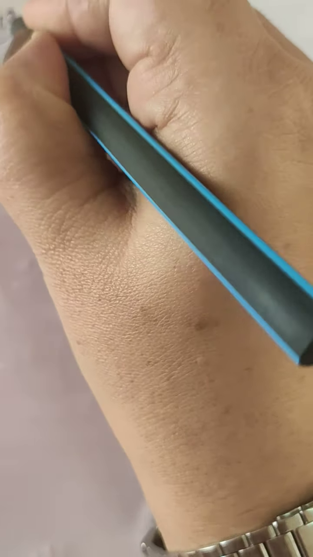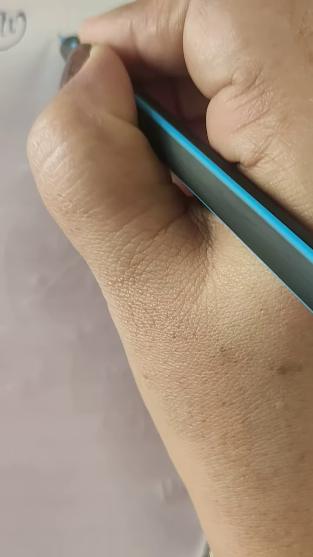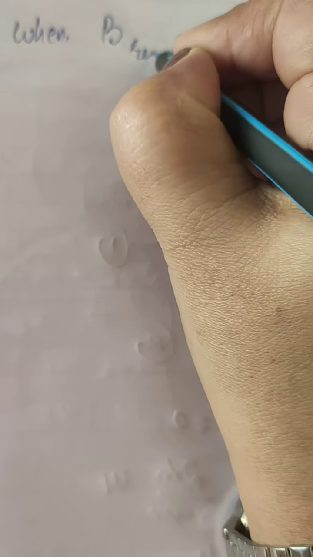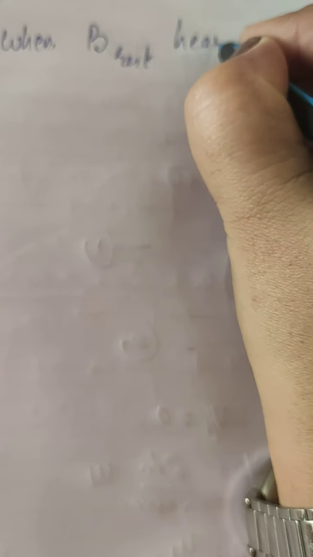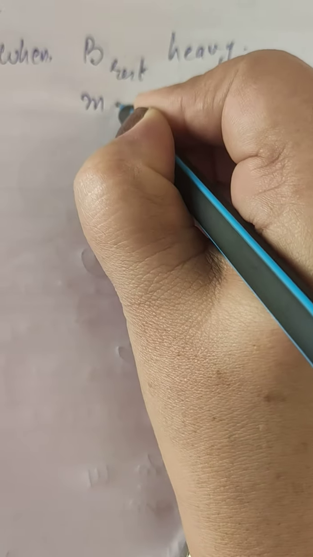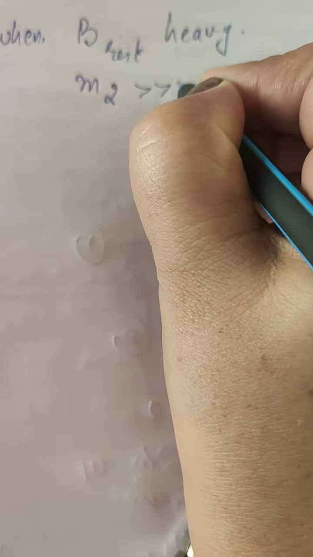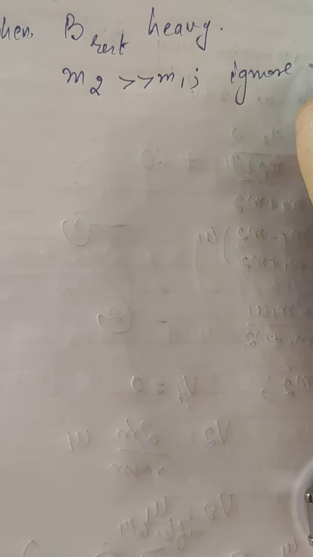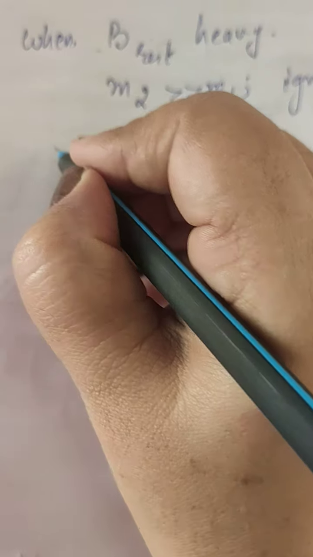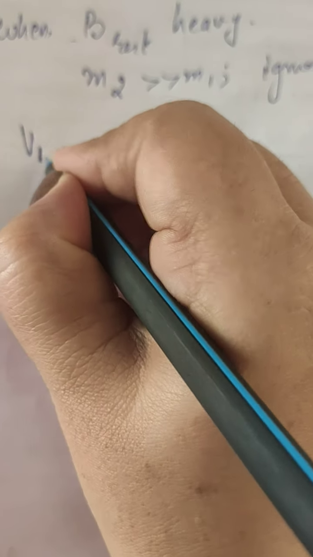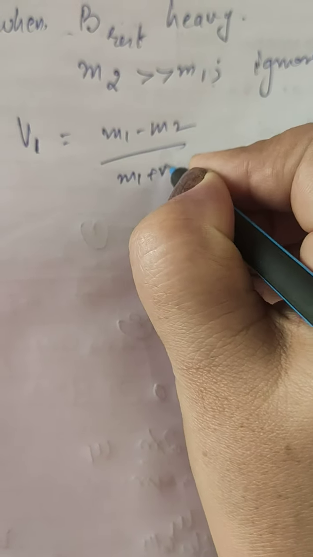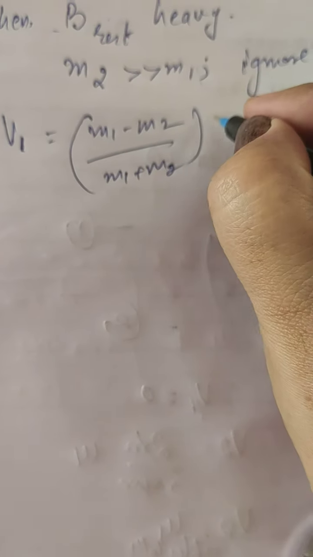The second case is when body B at rest is very heavy. In that case, m2 is very much greater than m1, so we can ignore m1. What was our expression for this case? v1 was m1 minus m2 divided by m1 plus m2 into u1.